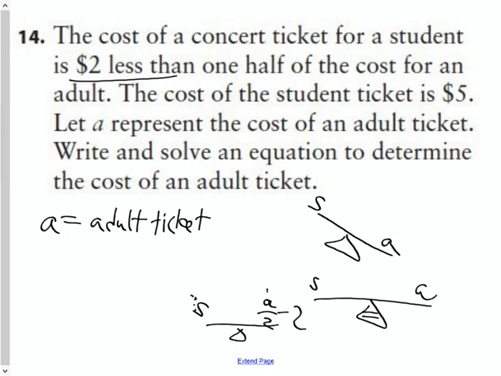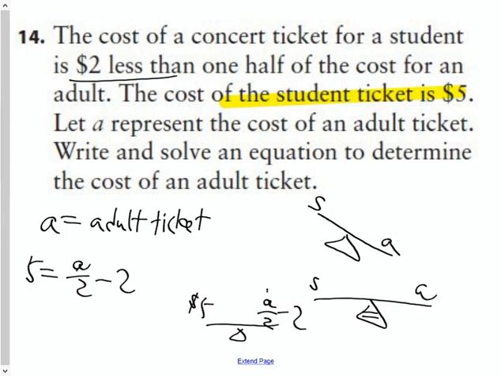And now they're even, right? So now the cost of a student ticket and the cost of an adult ticket is the same. So if I say the student ticket, well, I already know the student ticket's price. How much is it? It says the student ticket is $5. So now I have an algebraic expression that I can turn into an equation. So that $5 is equal to half of an adult ticket minus 2.